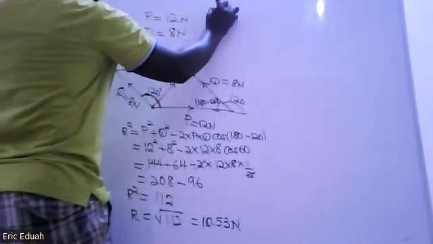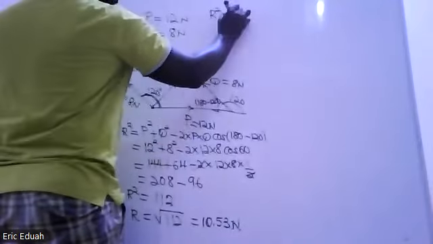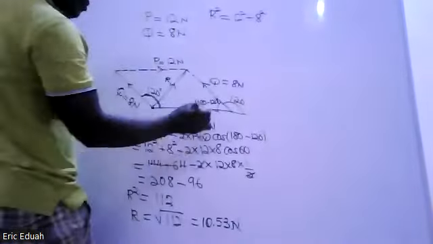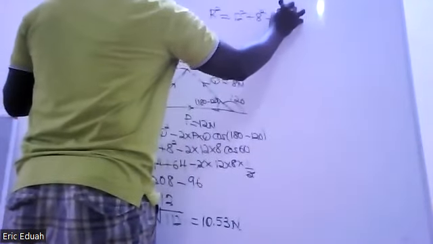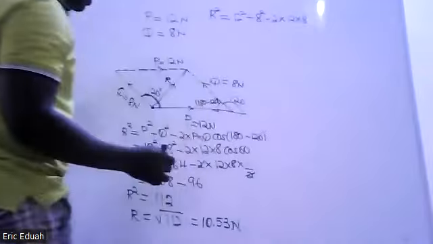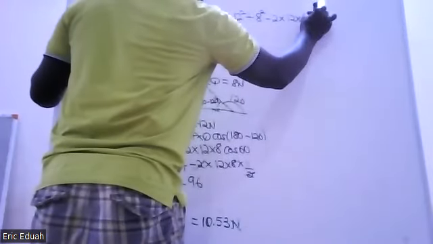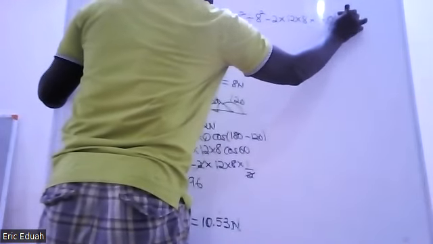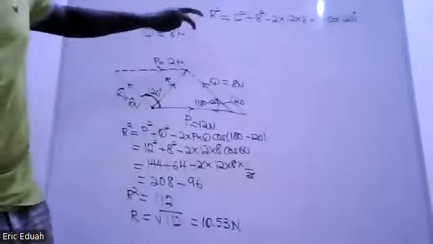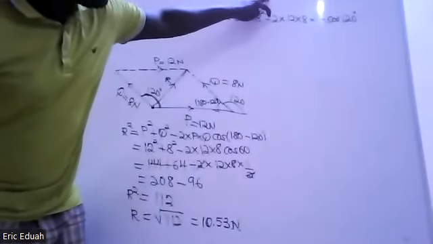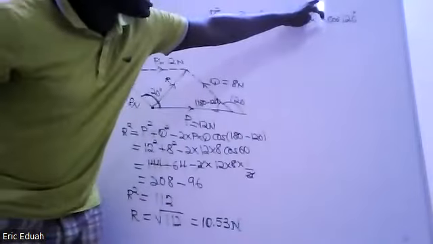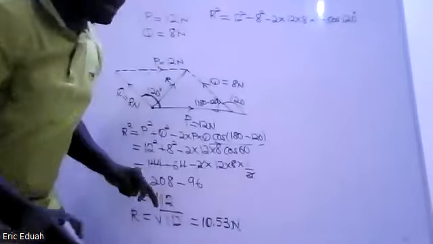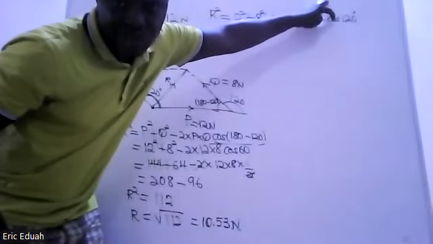When we use that, the resultant squared is equal to 12 squared plus 8 squared minus 2 times 12 times 8 times negative cos of 120, because we just saw that cos 180 minus 120 is equal to negative cos 120. So in place of cos 180 minus 120, we are putting this. Is that okay?